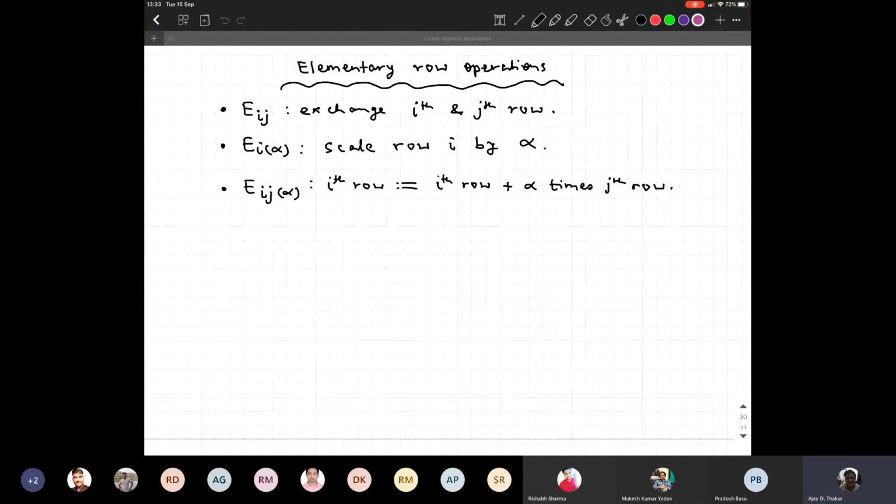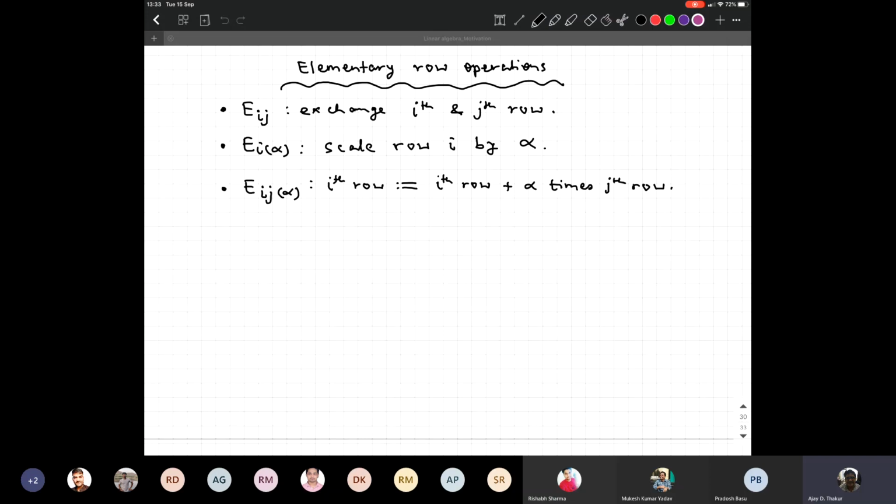This idea of elementary row operations, which most of you are familiar with. What we will essentially do is try to see what these matrices would look like, in particular this Aij alpha matrix. This is crucial because it would be utilized extensively in a class of matrix decomposition problems, which we are going to take up next.